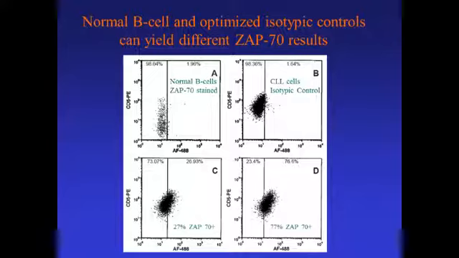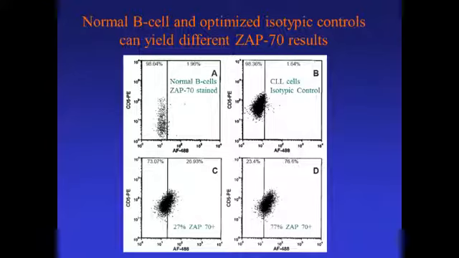So we compared our optimized isotypic control method to the method where you take normal B cells and stain them with ZAP70 to set your threshold. That's shown here. The top left panel shows some normal B cells stained with ZAP70, and we've got this line over there.